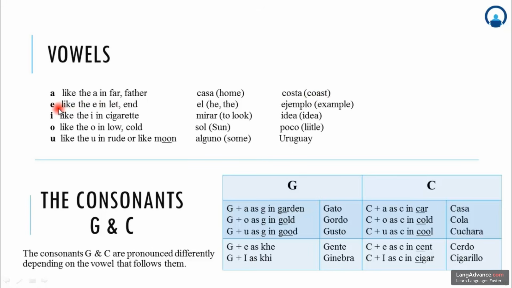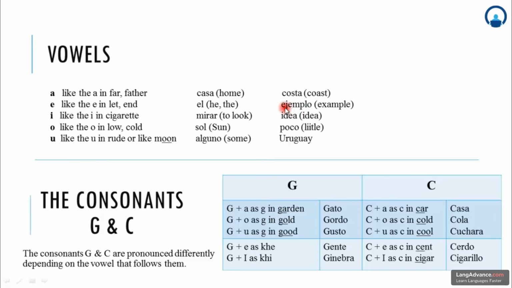Next vowel, E. It is pronounced as E in the word let or end. So here we get E. The words having this vowel are el, that means he or the, and ejemplo, that means example. Note over here, this is not ejemplo, this is ejemplo, because J in Spanish is pronounced as jota.